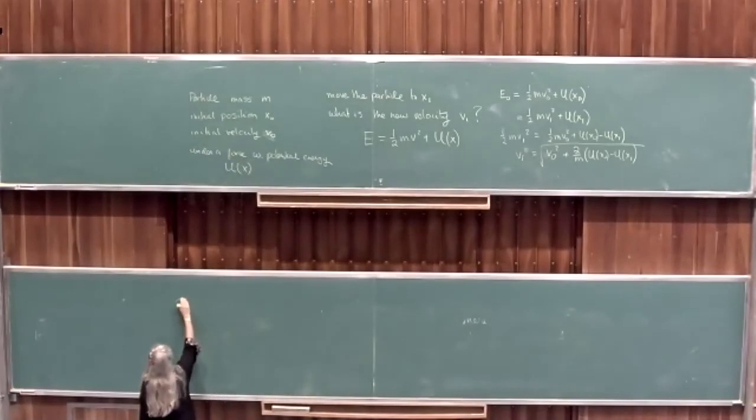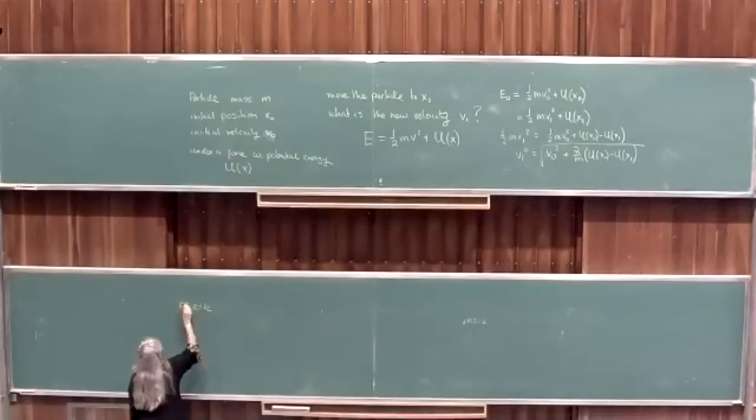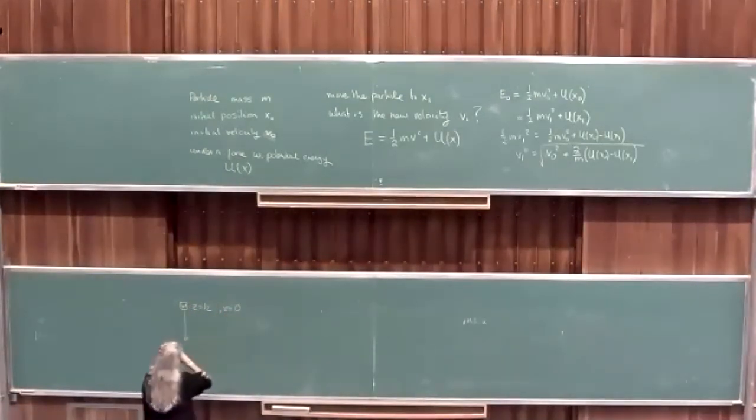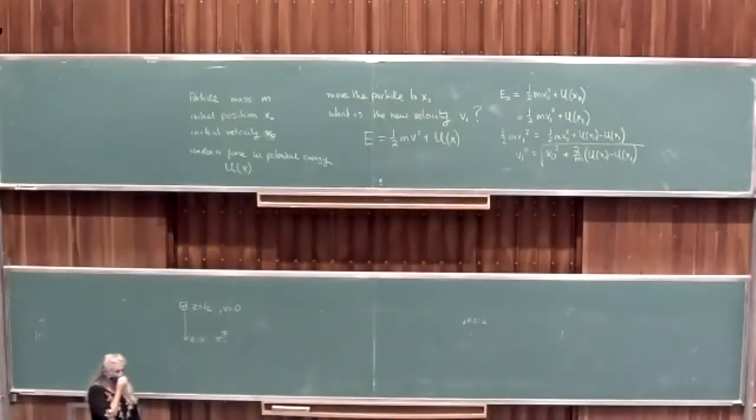Okay, so we're starting with block at z equals h. That's mass m. We're going to start it at v equals 0. And we want to know what the velocity is when it hits the floor at z equals 0.